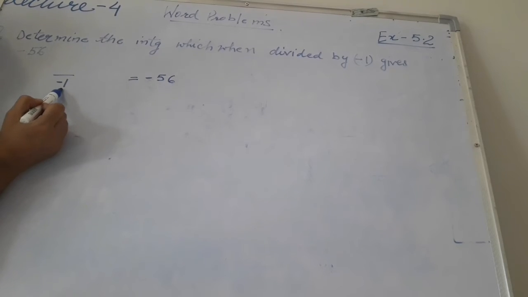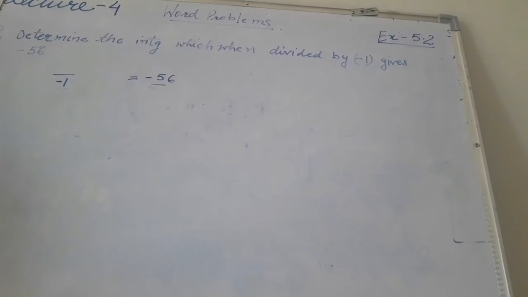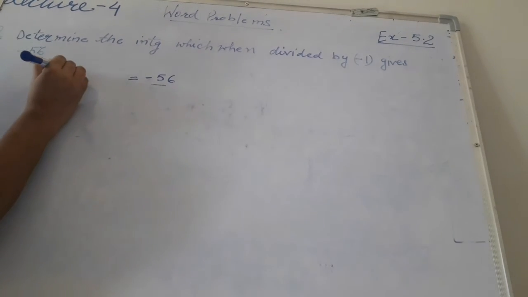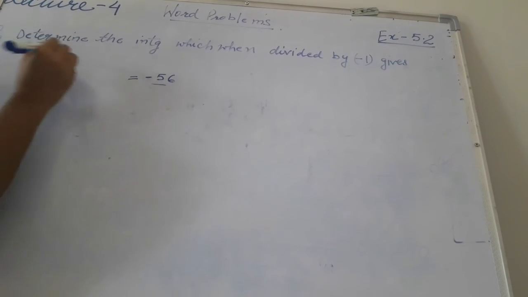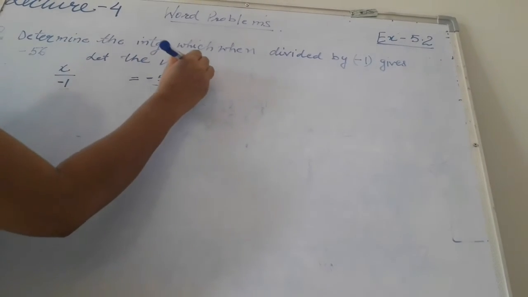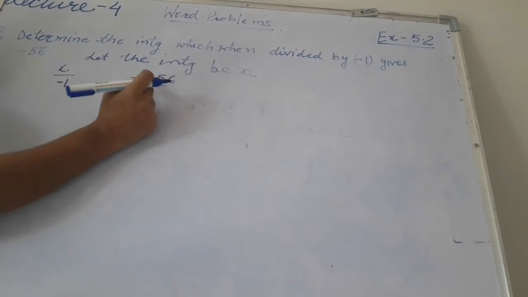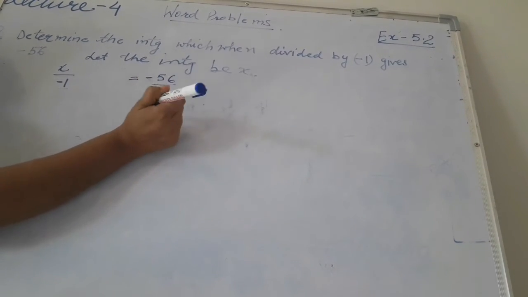Again suppose let the integer be x, and in the solution you will write: let the integer be x, which when divided by minus 1 gives you minus 56.